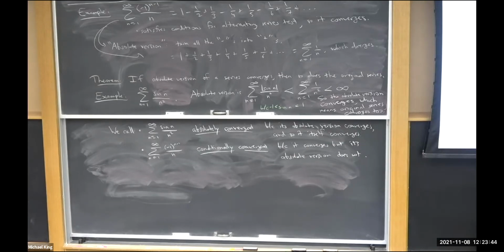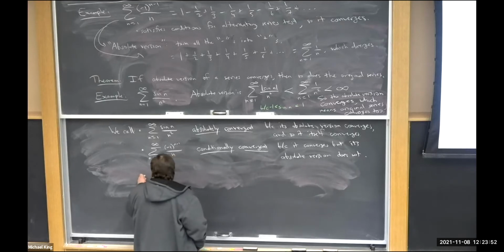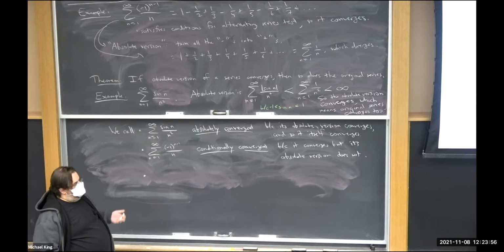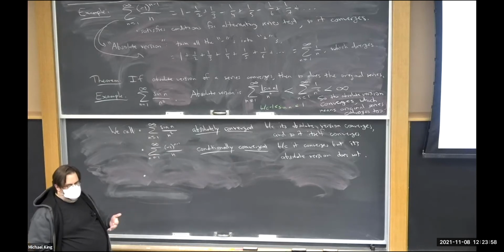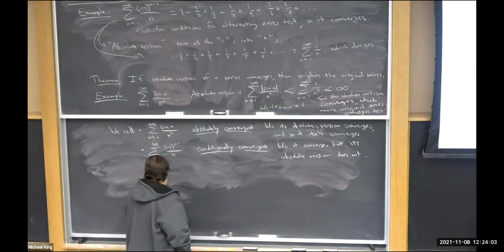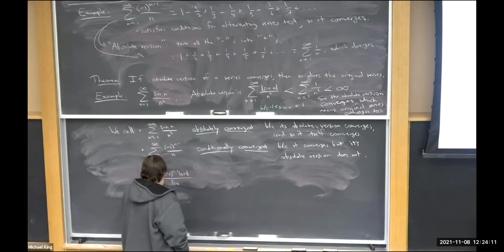And then the third possibility is just that the series diverges, like that example we had before. Any series that we had that diverged before is just divergent. It's not conditionally convergent. Any positive series, but something like the example we had, diverges.